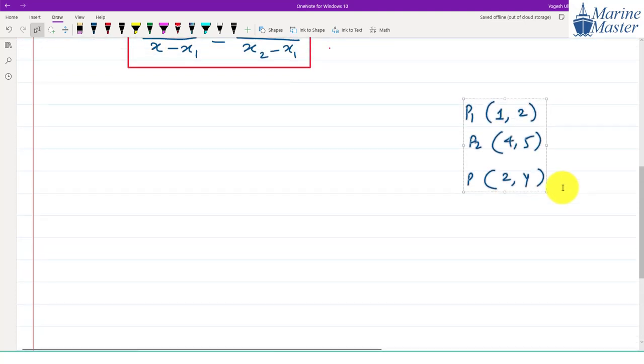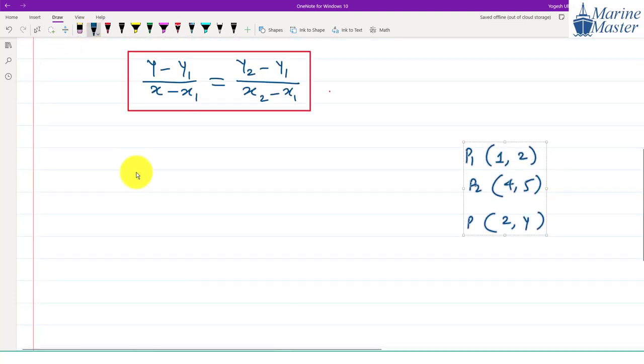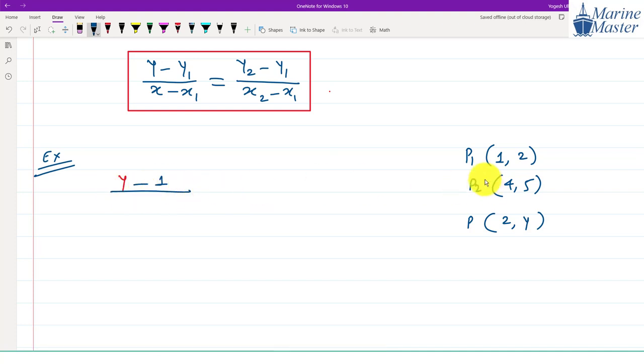So observe this one, guys. We are going to use this relation. I am giving you just one basic example, no need to write it down. Suppose we have a value of y that is unknown to us. So y minus y1, where y1 is 1, and then x, the value of x is 2, minus x1. Sorry, one minute, what I am writing.